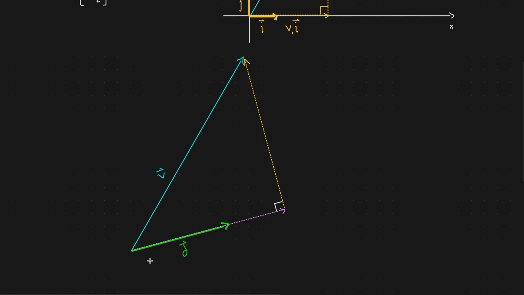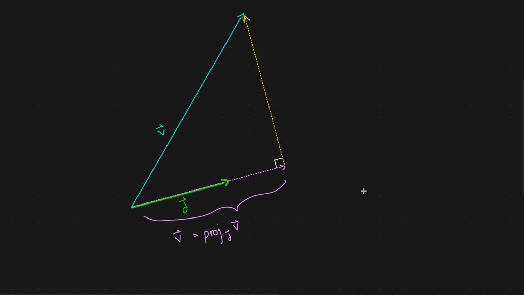So this amount here, this vector here, is called the projection of vector v onto vector d. And we sometimes use this notation for it. Vector v with two parallel lines as a subscript.